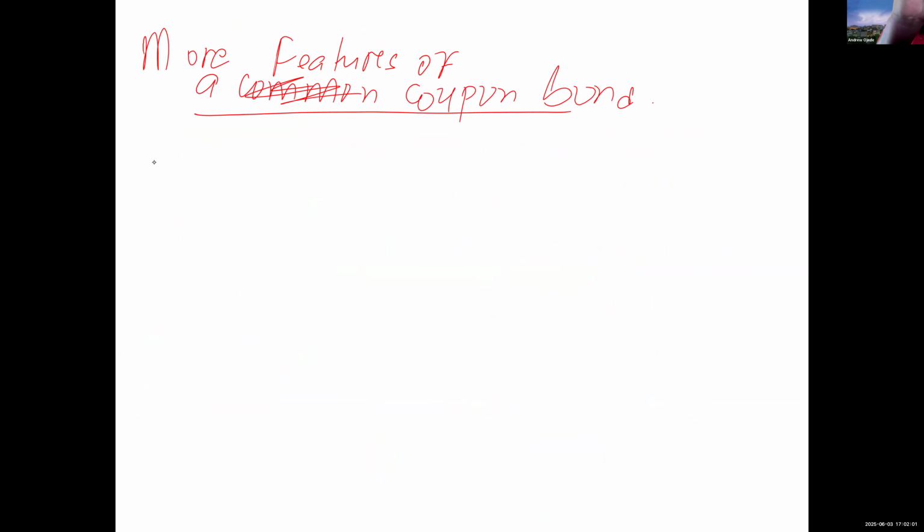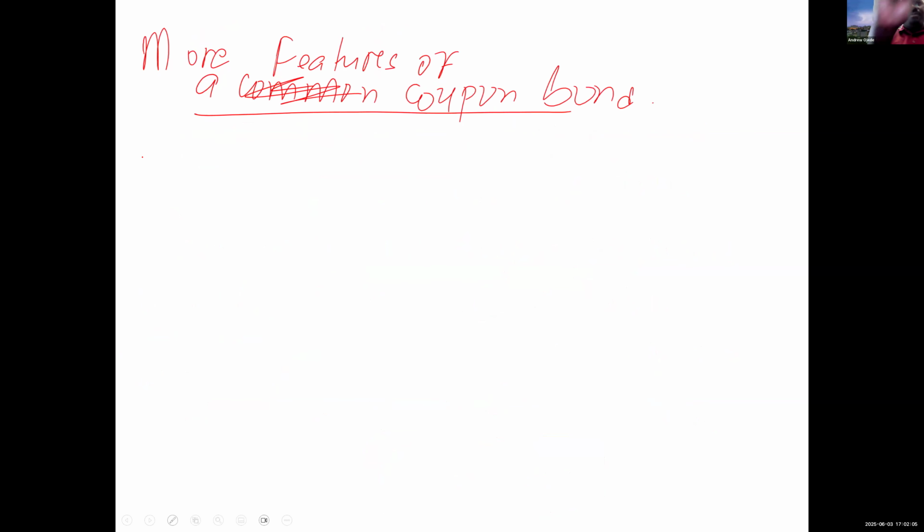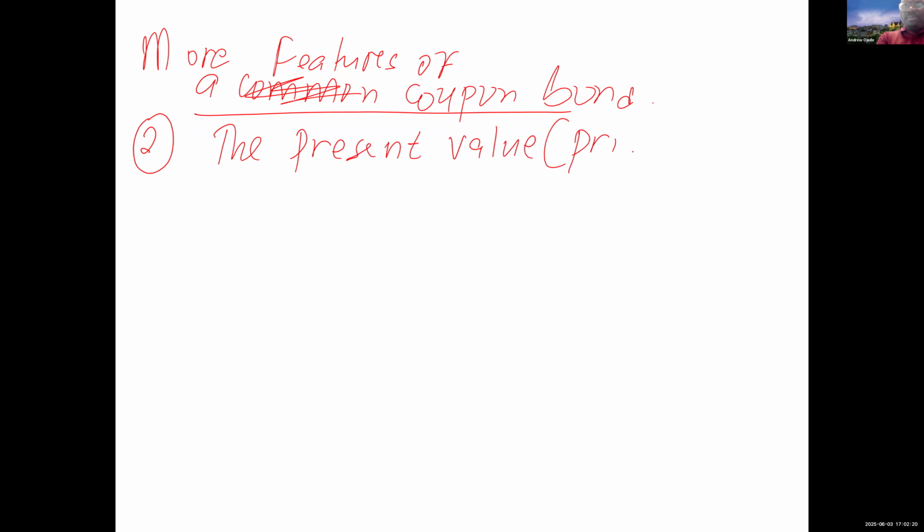The second feature of a coupon bond is that the price, the present value of a bond, is the same thing as the price. The price of a bond is the bond's present value. I want to make that clear. Sometimes when I write on the test the present value of a bond, that's the same thing as the price of the bond.